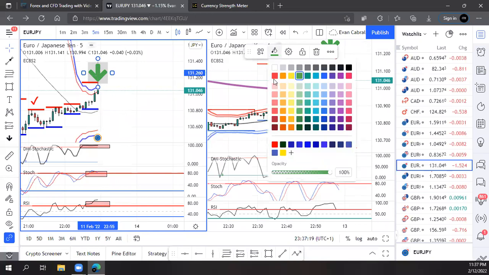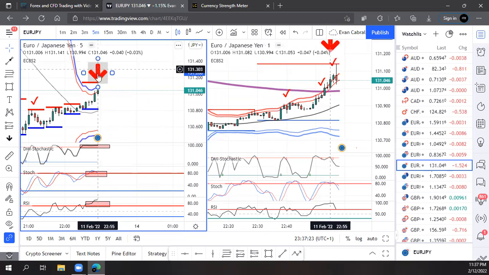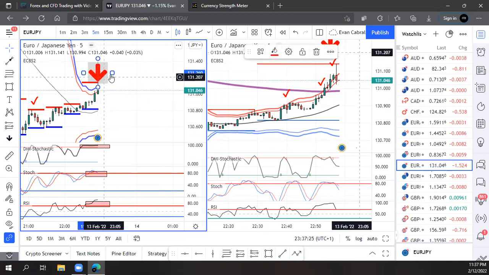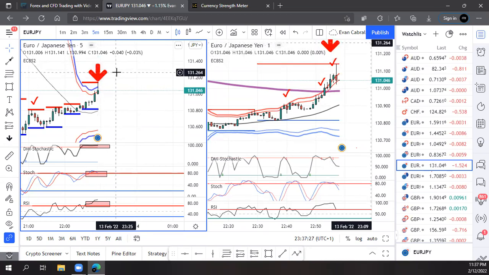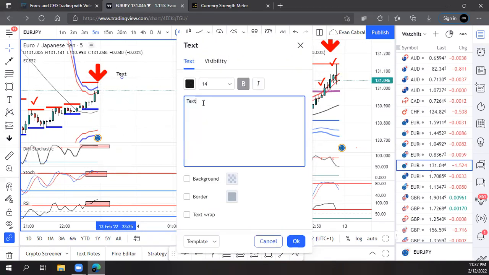Once you're able to see this on hourglass, something like this, if you actually see this on hourglass and you're seeing this as well on hourglass, put score.